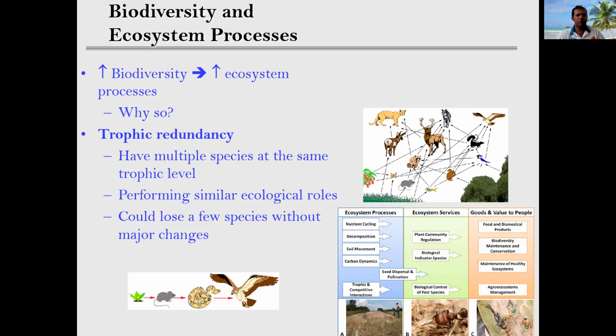What is the importance of having biodiversity in an ecosystem? The reason is, if the diversity is high, there are high ecosystem services and processes, which I'll come to. High diversity means the ecosystem is very complicated.